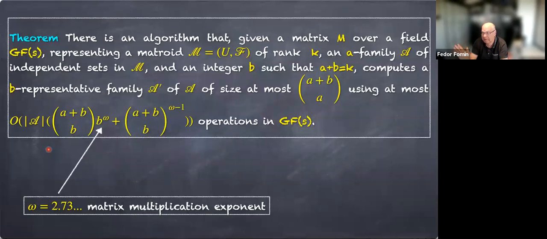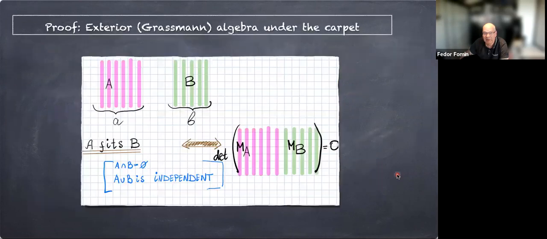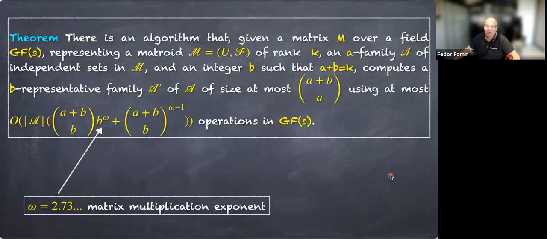So this is the surprising thing, and this is the real power of algebraic methods. Everything is polynomial in A. This is quite surprising, and the proof is also quite nice.